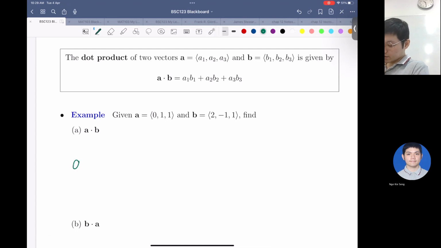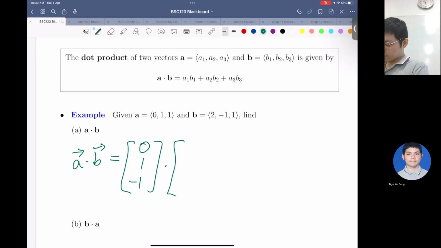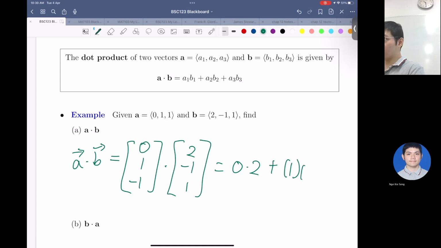You want to take the dot product. I like columns better, so I write columns. What's the first term here? 0 times 2 plus 1 times minus 1 plus minus 1 times 1, which is equal to -2.